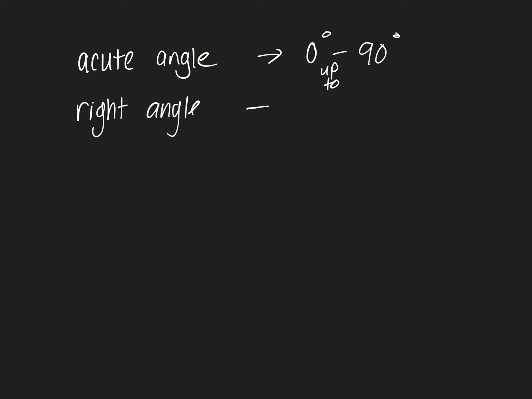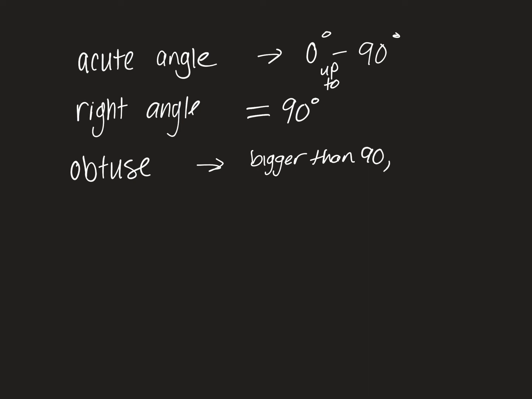So a right angle is equal to 90 degrees. An obtuse angle is anything bigger than 90 and less than what? 180. Good.